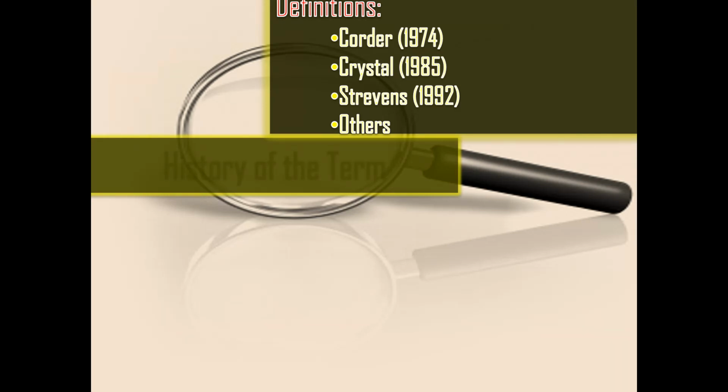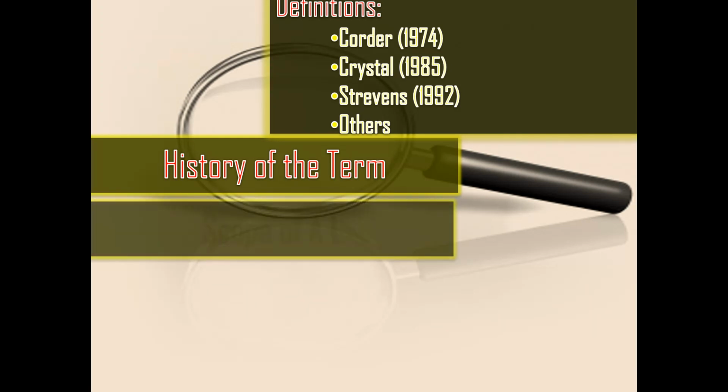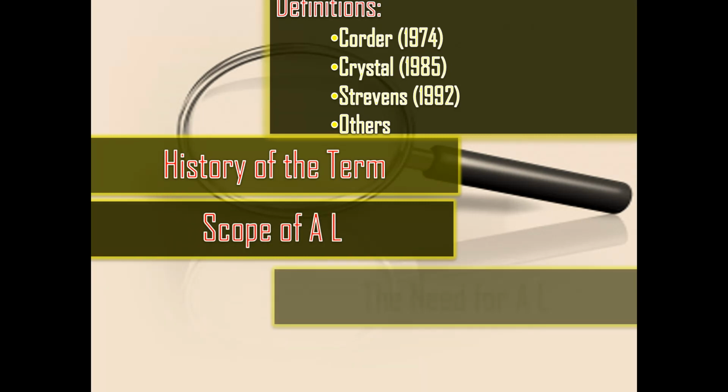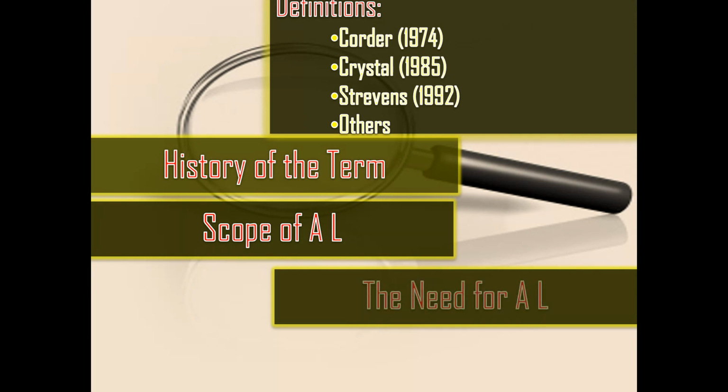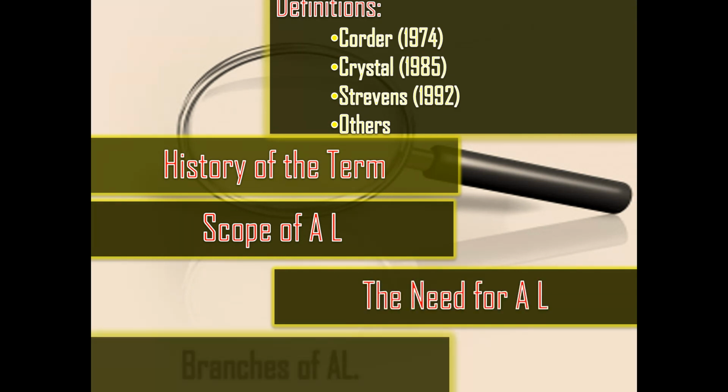Then we'll talk about the history of the term, here the term refers to what applied linguistics is. Then we talk about the scope of applied linguistics. What does it really mean? Then likewise, we discuss the need of applied linguistics. Then we discuss the branches of applied linguistics, and we will move further.